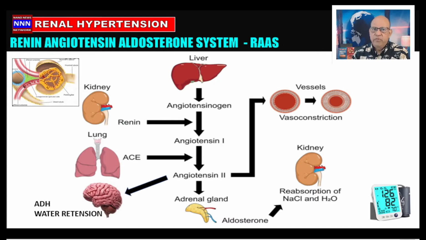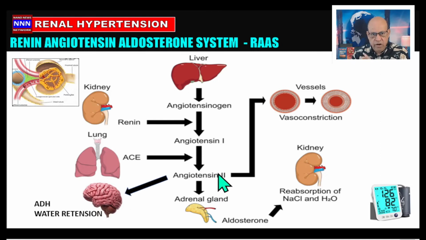This angiotensin 1 is converted in the liver and also predominantly in the lungs by angiotensin converting enzyme into angiotensin 2. Angiotensin 2 is one of the most potent vasoconstrictors available in the body.